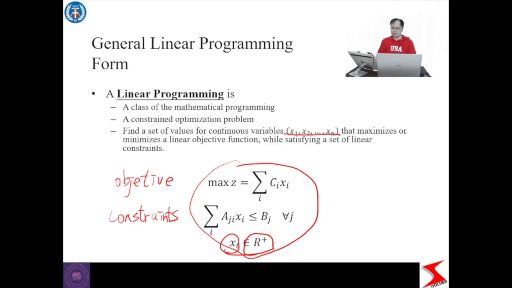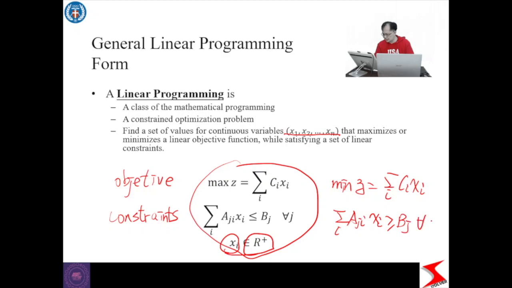And also, you can write it down in minimization form. It will be like this: z equals the summation over i of ci xi, subject to the summation over i of aji xi larger than or equal to bj for every j, with xi belonging to the real numbers.